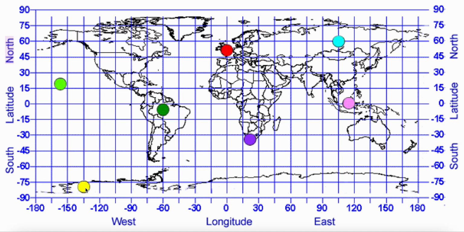The yellow one, this is about 80 degrees south and 135 degrees west. For the purple, this is about 40 degrees south and approximately 20 to 25 degrees east.